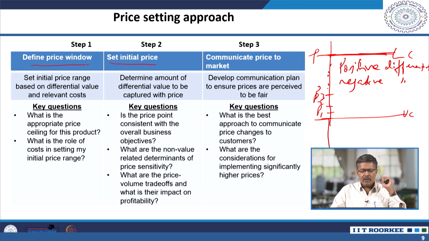Example, you must be thinking of an example. Let us say you are walking on a street and it is very hot, and you want to drink a glass or a bottle of water. If somebody tells you the bottle of water is, let us say, 100 rupees, you may even be ready to pay that.